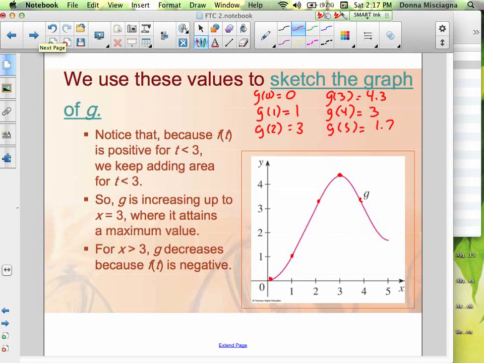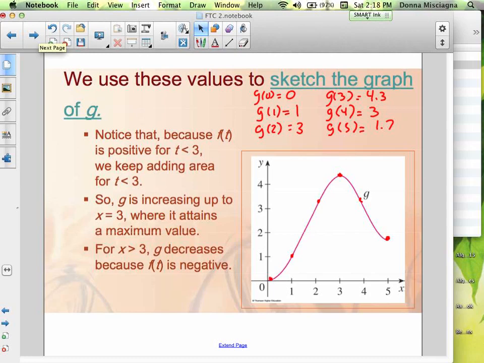And then we have, because it was negative, right? So from the t values greater than 3, we were negative. So notice the graph is going back down again. And then we have 1.7 here. And if we connect those points in a nice smooth curve, we have a graph here. So what do you think that's the graph of? The original function.